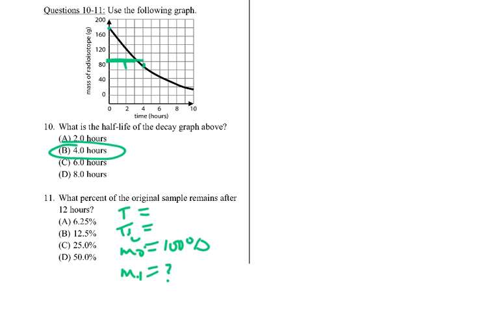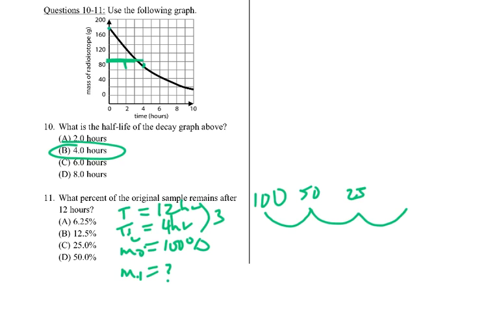The time is 12 hours, and the half-life is 4 hours. So if we start with 100, 4 hours and 12 hours, that's 3 half-lives. So it goes down to 50, goes down to 25, goes down to 12.5. So we're looking for an answer, 12.5%, answer B.